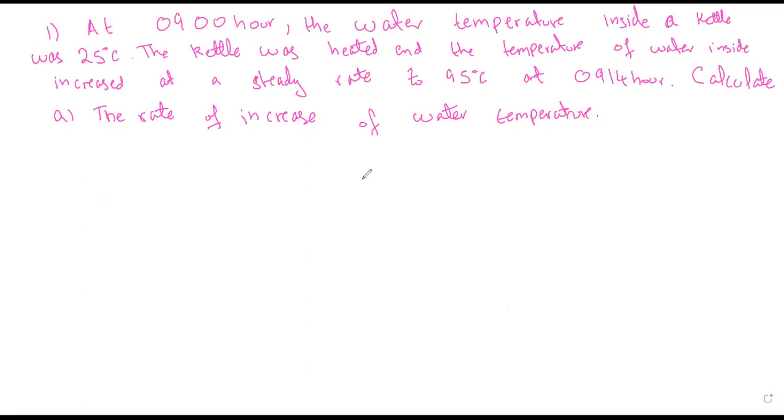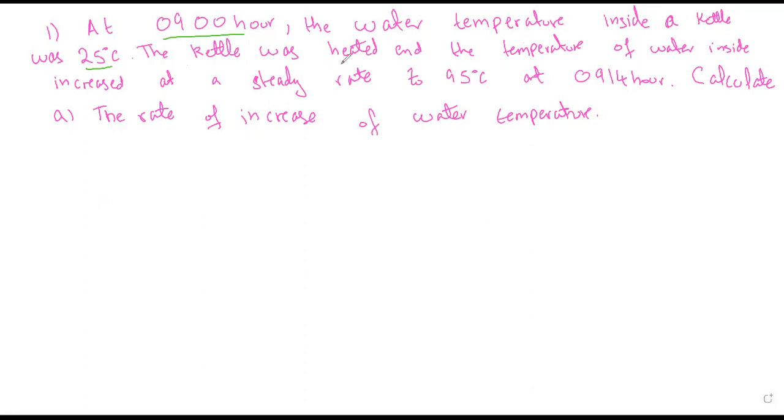Okay, so the question is, at 9 hour, think about this as 9 a.m. ठीक है, सुबह के 9 बजे the water temperature inside a kettle was 25 degrees. ठीक है, initially kettle बंद है and the temperature of water was 25 degrees.